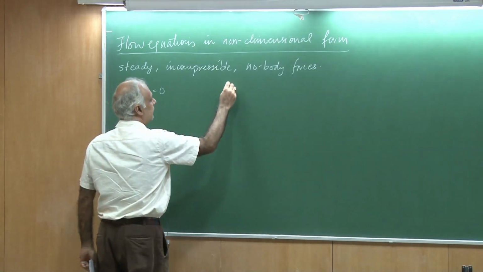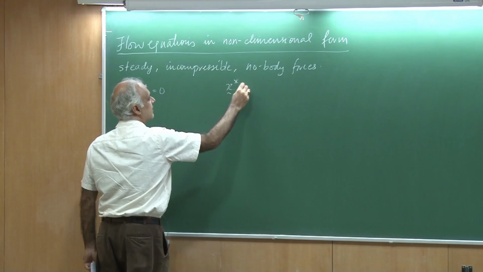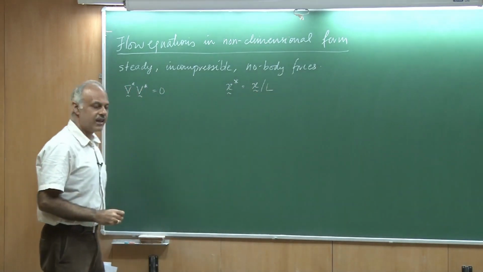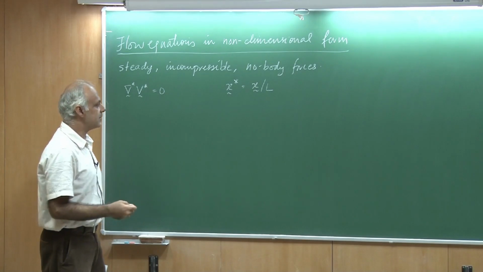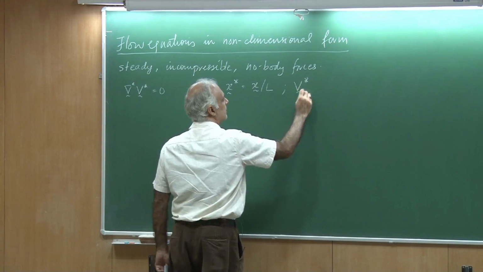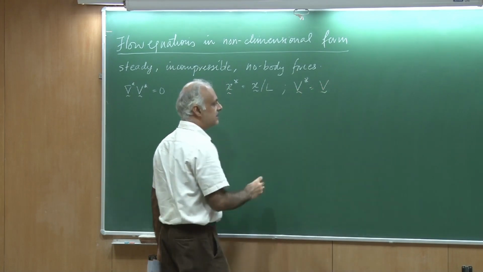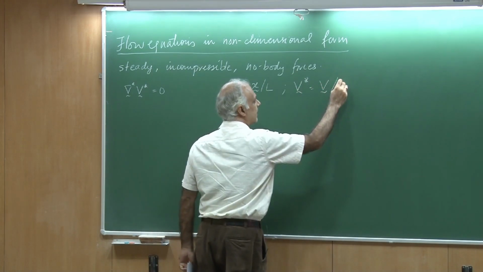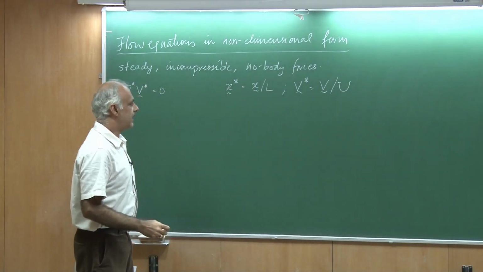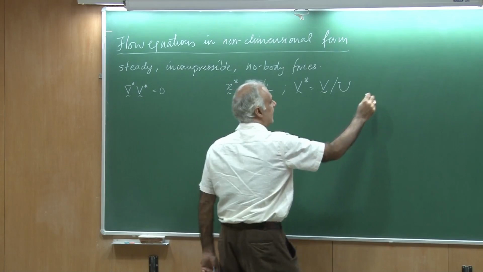where the starred variables refer to the dimensionless variable. So we had defined that x star is given as x divided by L, where L is the characteristic length, and we had also mentioned that V star is the dimensional velocity divided by a characteristic speed. And the example that I gave you is of an aircraft.